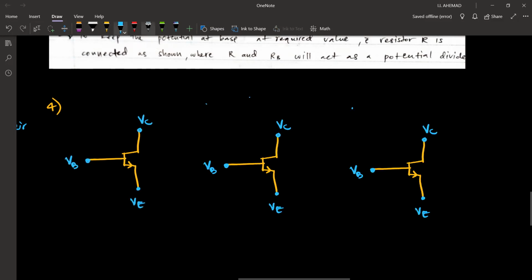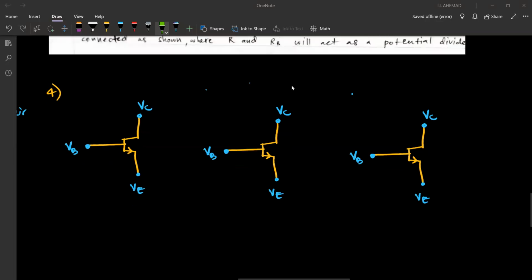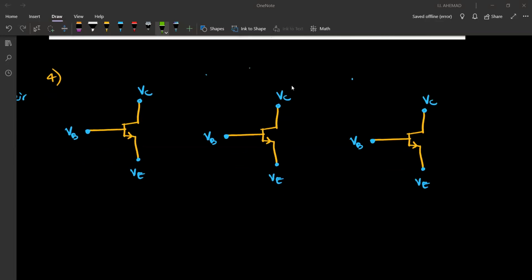Now here, if you can remember, when VBE is forward biased and this is reverse biased, then only it was in the active region.